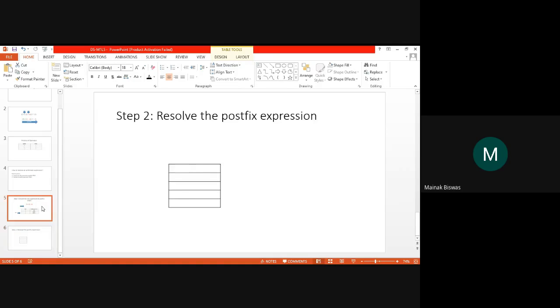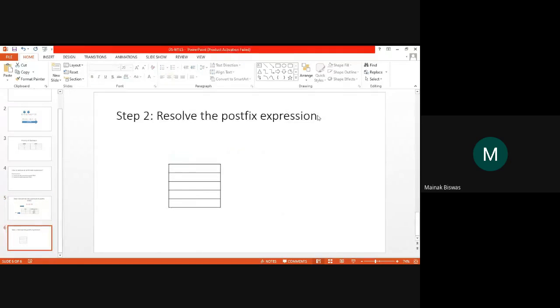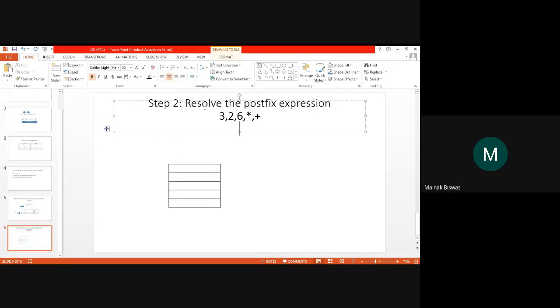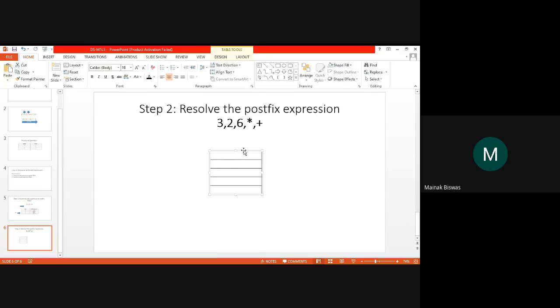Okay, so what was the postfix expression? This is our postfix expression. Now what we will do in this step 2, we will only push the operands, and we will use the operators only for resolving the operation.